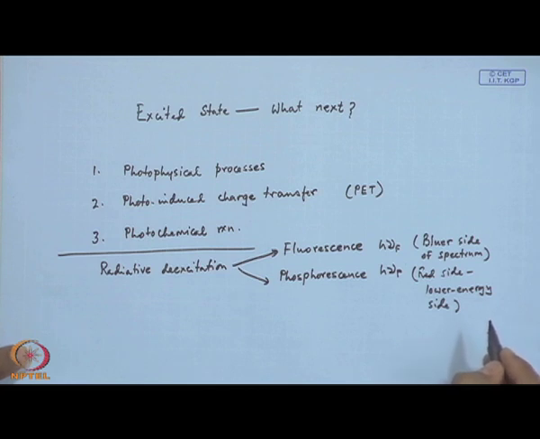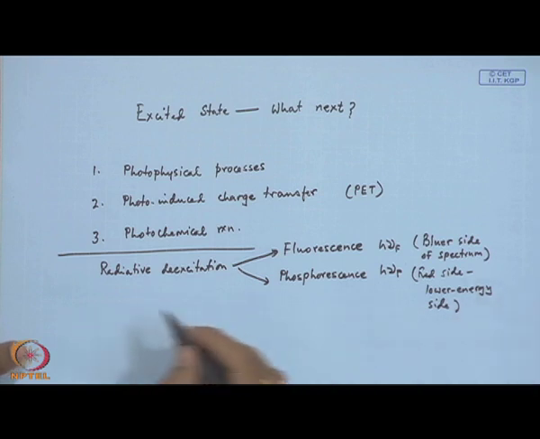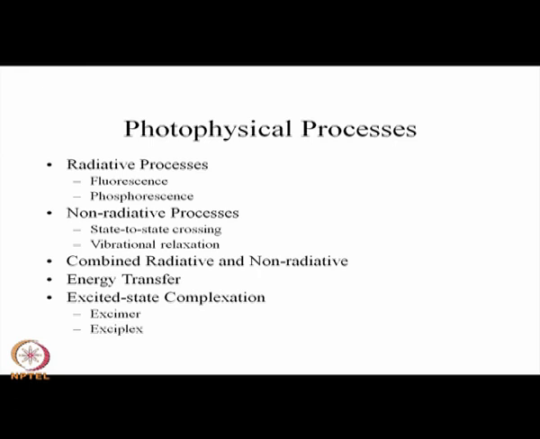So, these two are mainly the radiative de-excitation, and apart from radiative de-excitation there can be non-radiative processes. Although I have shown you in my last lecture some pictures with an upward arrow, a downward arrow, some dotted arrow or maybe some squiggly downward arrow. These arrows have significance.